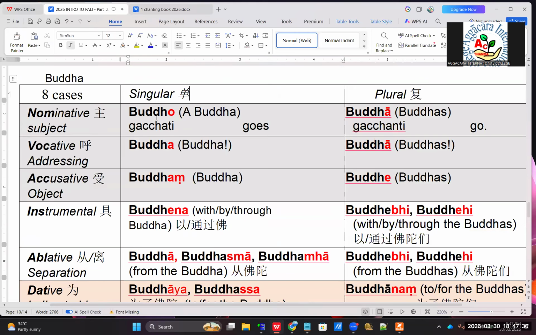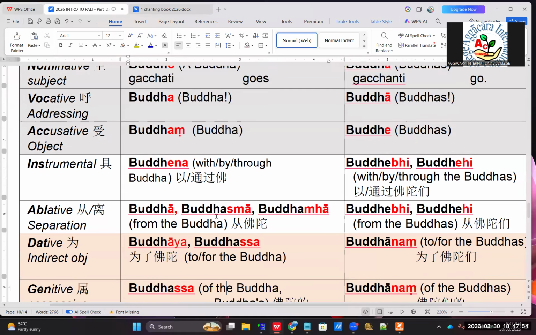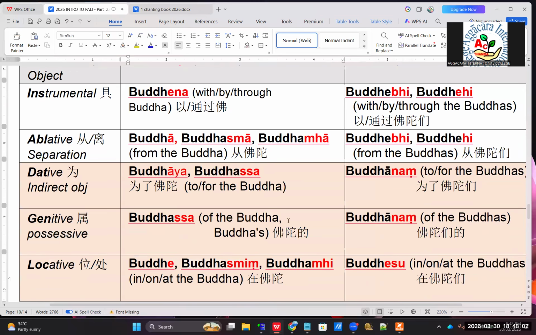So we start with the first one. Buddho, Buddha, Buddha, Buddham, Buddhe. Buddhena, Buddhebi, Buddhehi. Ablative, Buddha, Buddhasma, Buddhamha, Buddhebi, Buddhehi. Dative, Buddhaya, Buddhasa, Buddhanam. Genitive, Buddhasa, Buddhanam. Locative, Buddhe, Buddhasmin, Buddhamhi, Buddhesu.